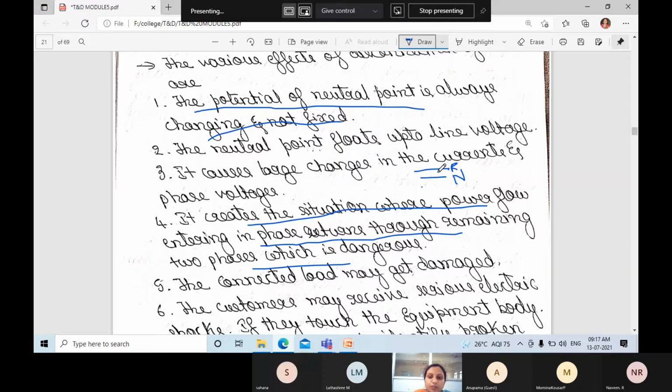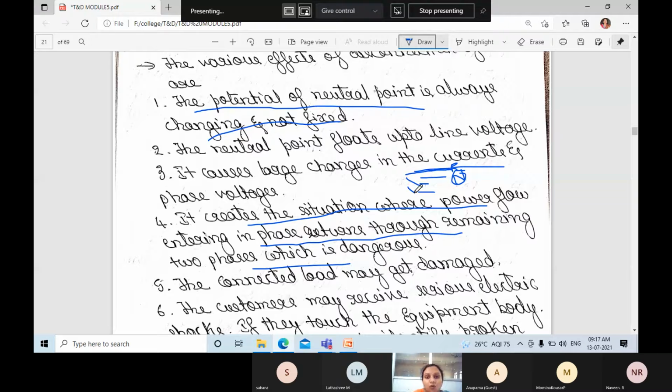If the neutral has a problem, then whatever the current should go through R will go to Y and B.